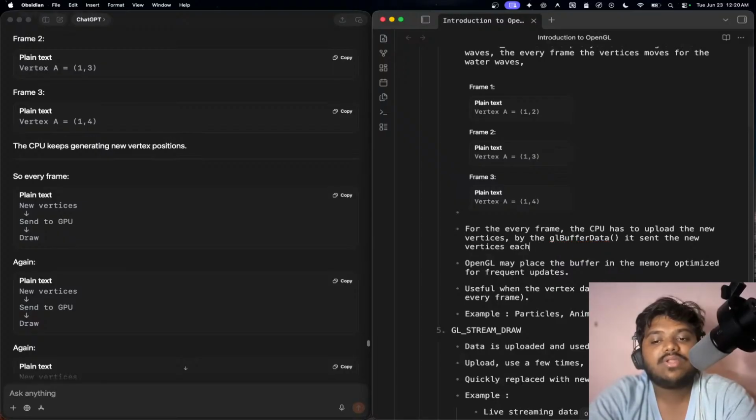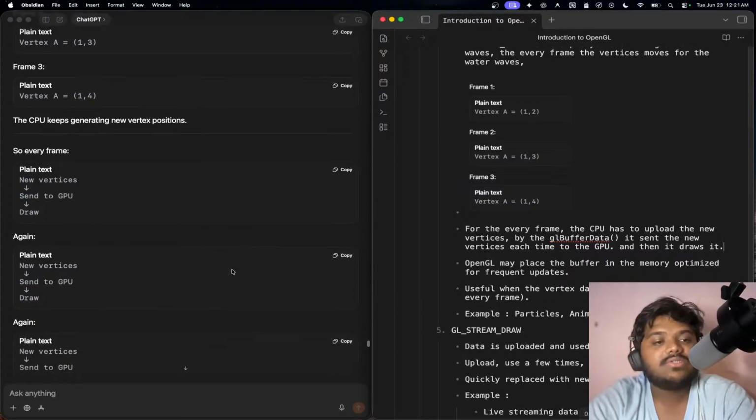It sends the new vertices each time to the GPU, and then it draws it. Okay, I think that is the valid point.